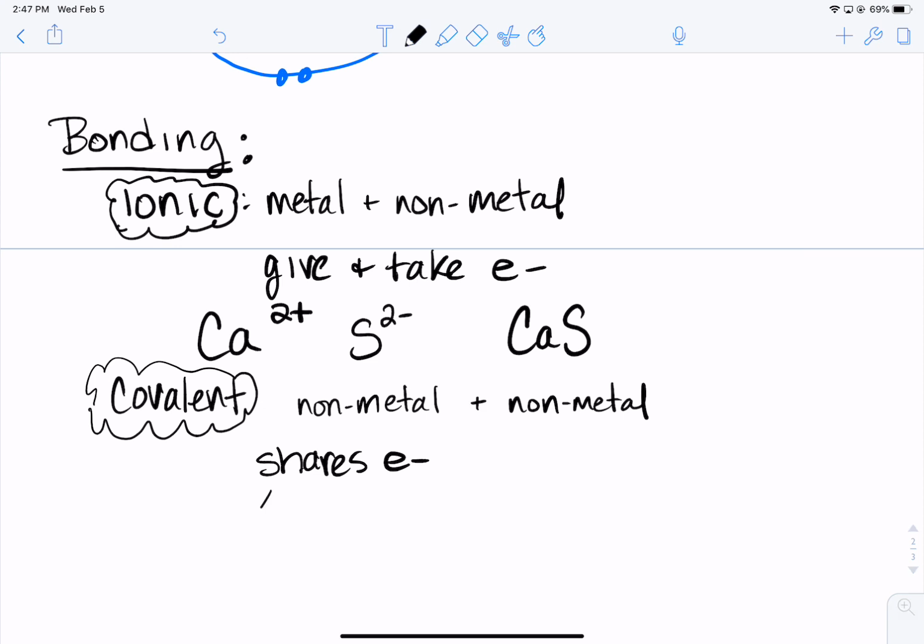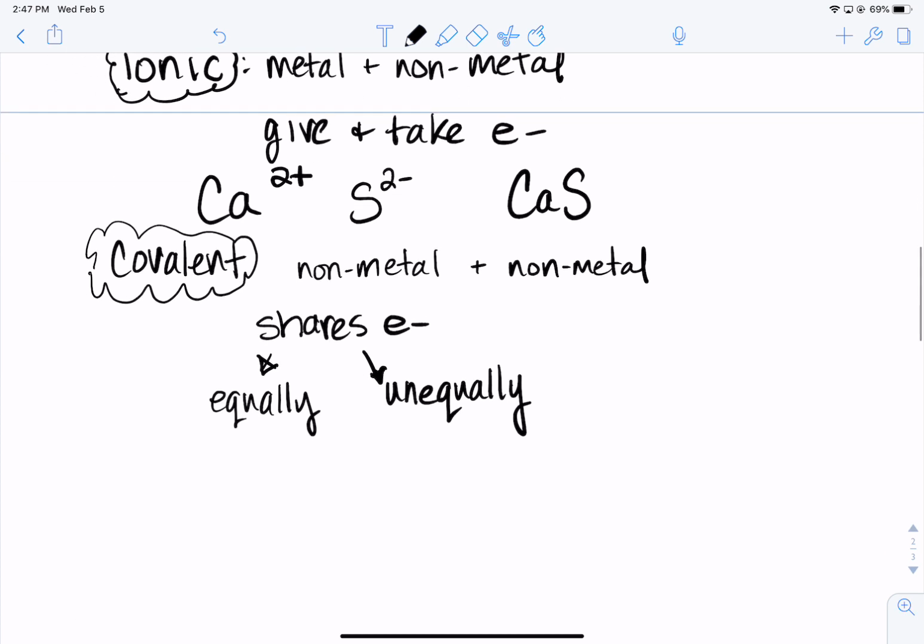Now, there's 2 types of ways to share. We can equally share, or we can unequally share. We'll talk about what these mean next week, and I'll just introduce the name of equal versus unequal.